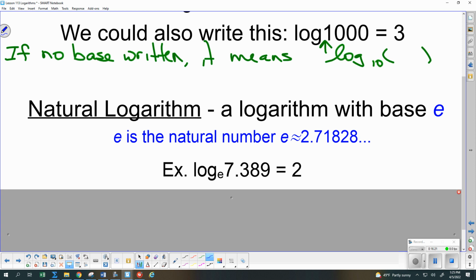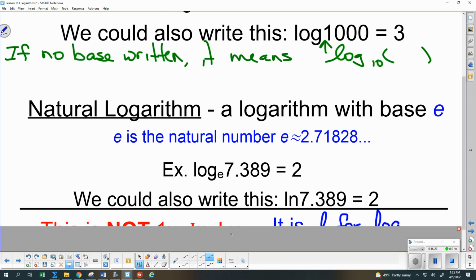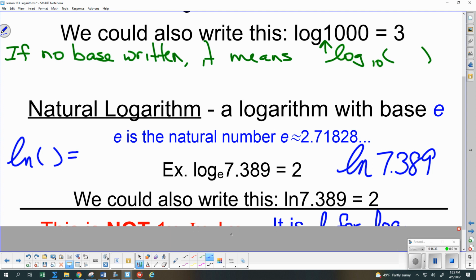So log base e means natural log. The way that we write that is ln, 7.389. ln does not need a base. It means log base e of something.